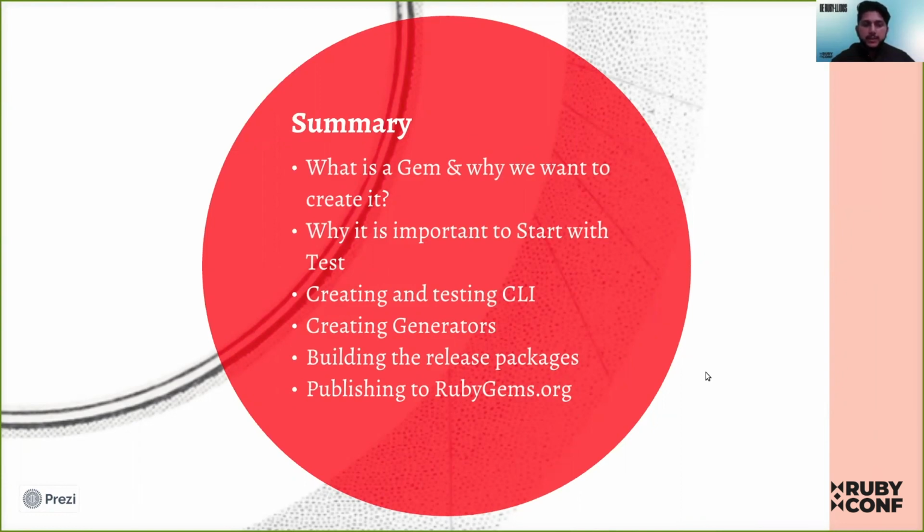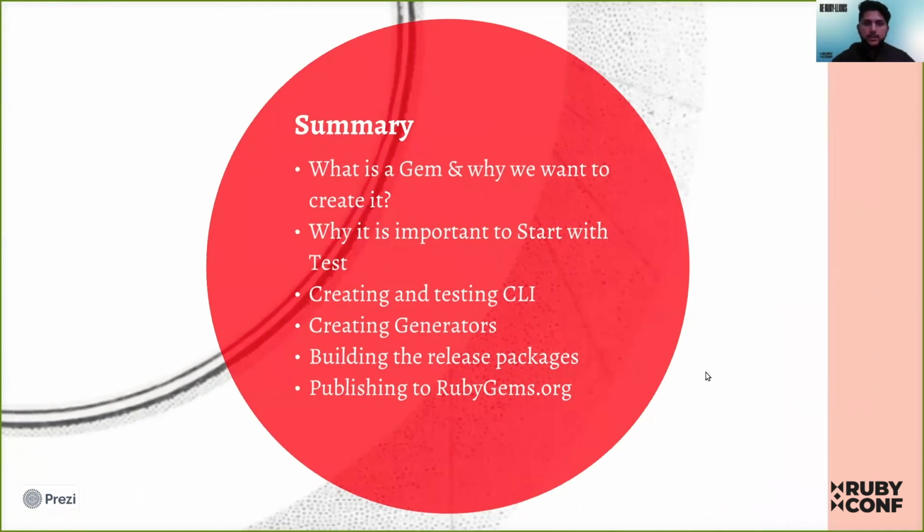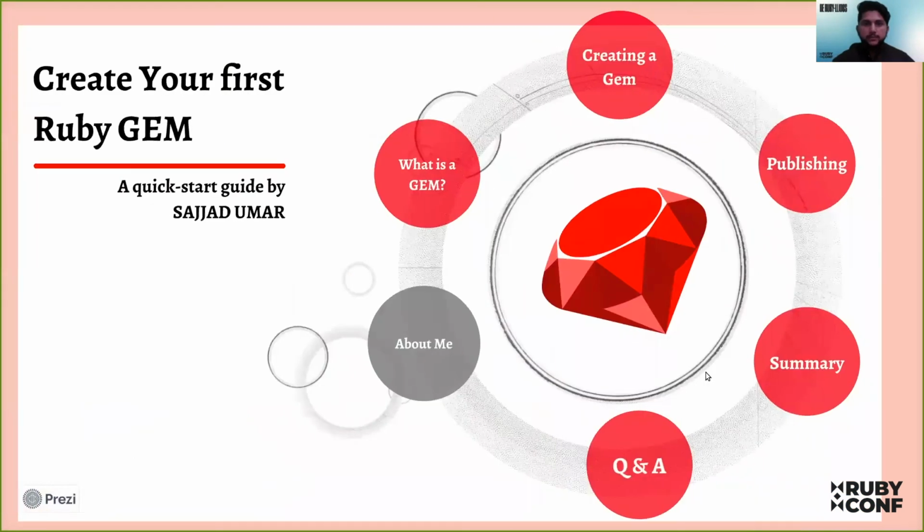Then we added some release packages, and after that we published it to rubygems.org. So I expect you to build some cool gems and allow others to use them in their projects. I think everything is done from my side in this session.